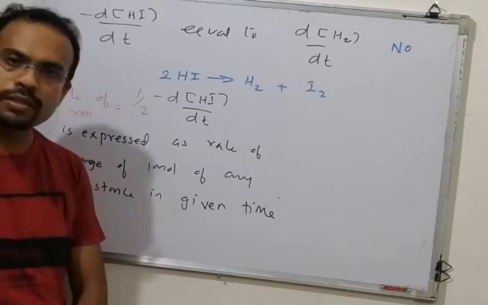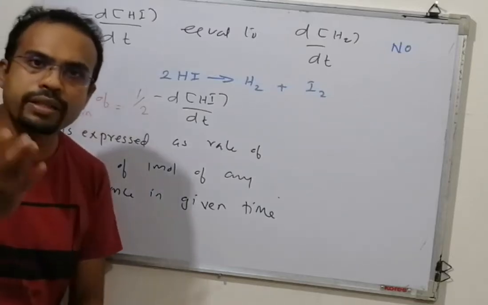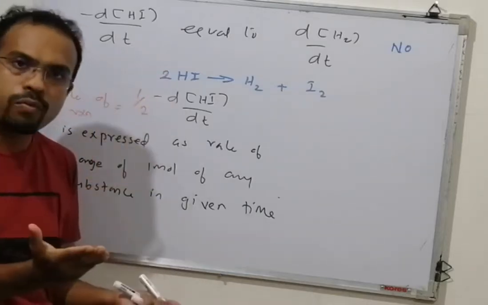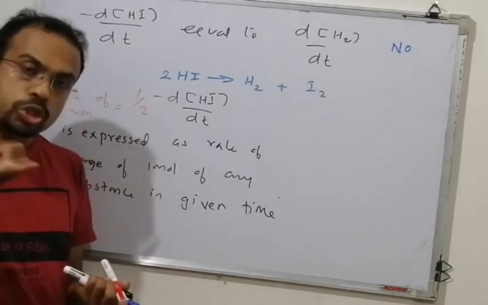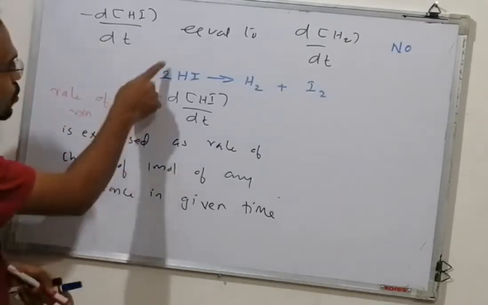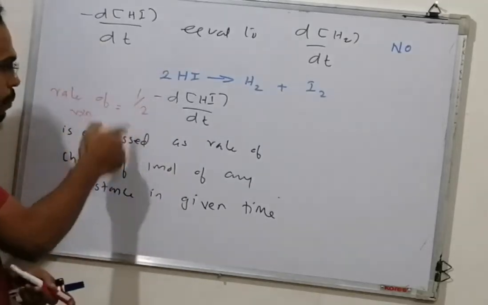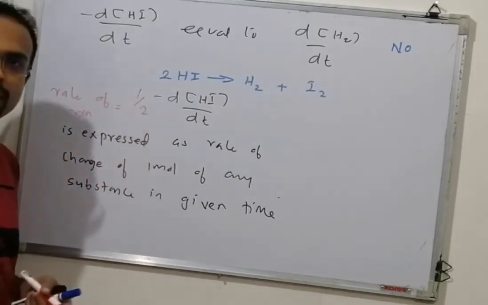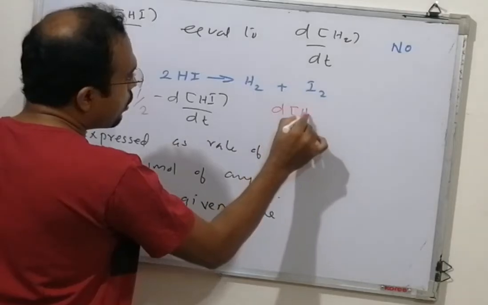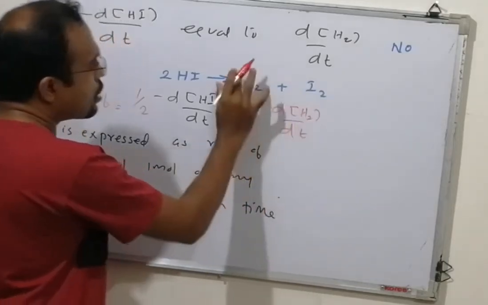Did you get the logic? If the coefficient is less than 1 also, you should write like this. If it is 1 by 2, then 2 will come here. But in this case, you are lucky, you don't need that because it's already 1.